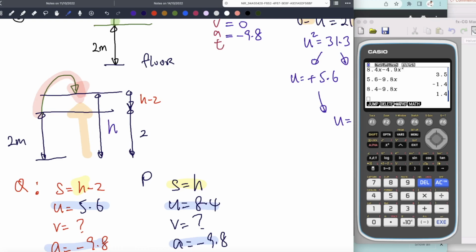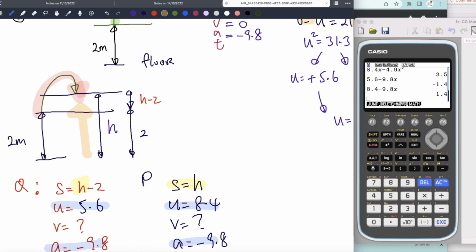Because I don't know where they meet, I assume the height to be h. I assume the whole height from this point to that point to be h. Therefore, the gap in the middle is h minus 2, because one particle started 2 meters above. So you would have gained a certain thing, and this certain thing is more than 2. It's my assumption.